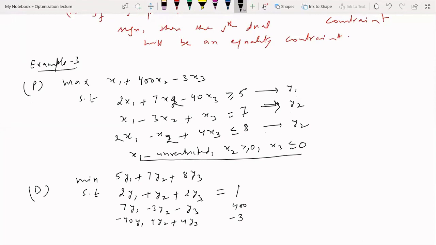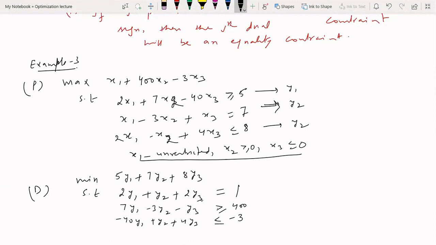That means my second dual constraint will be in canonical form, and the canonical form for a minimization problem is greater than type. So this constraint will be greater than or equal to 400. Again, the third variable is violating the canonical form, so my third constraint will violate the canonical form, and for minimization the violation is in the form of less than type.